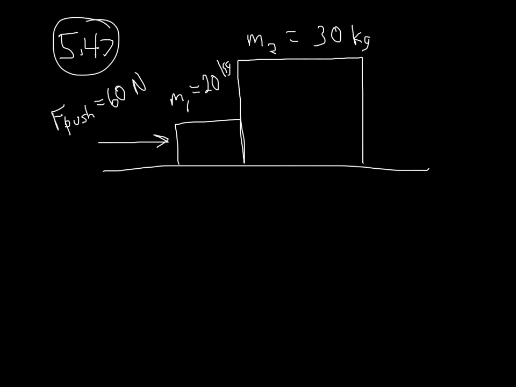Okay, I want to find the net acceleration of these two boxes, right? That's what they ask us for. I have the sum of the forces acting. Whatever those forces are is going to be equal to the total mass times the acceleration of both boxes combined.